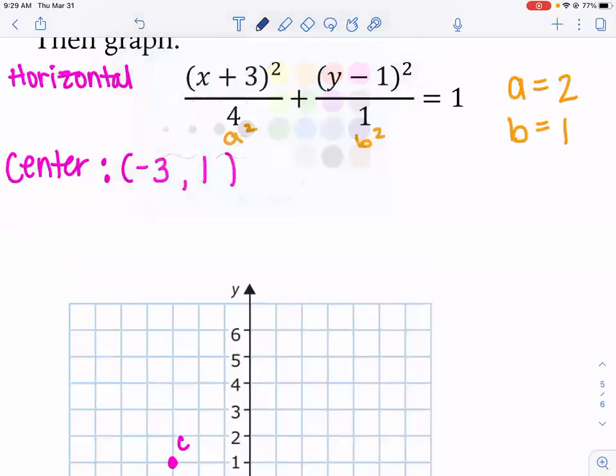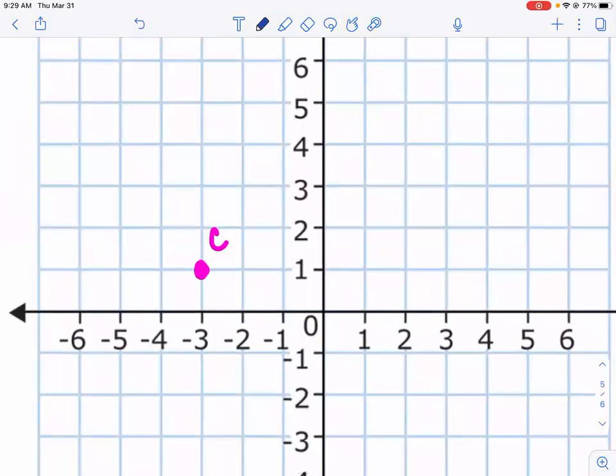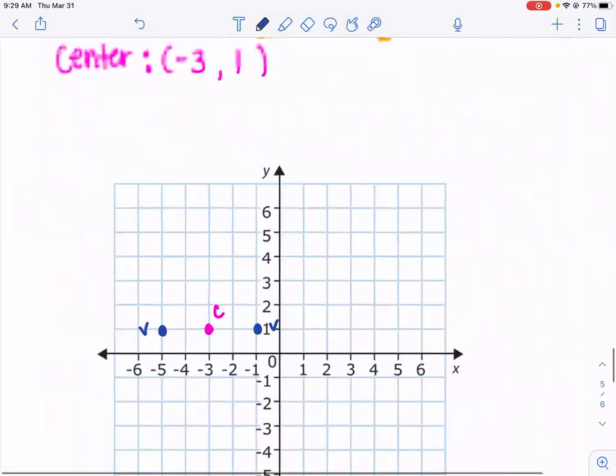Okay, all right. So since this is horizontal, I'm going to come over here to my center and move horizontally a. So I'm going to move to the right a, and I'm going to move to the left a. And there are my two vertices, and we need to label them.